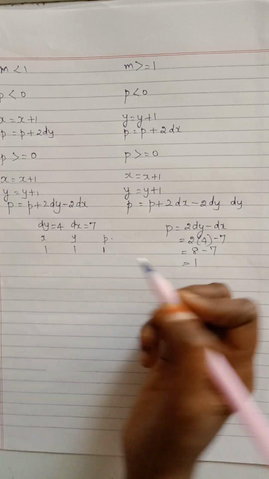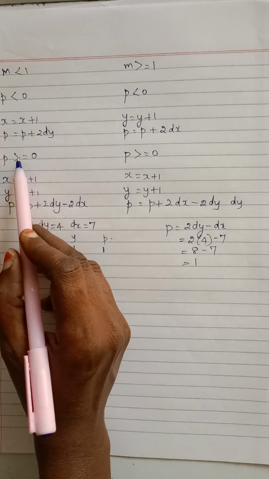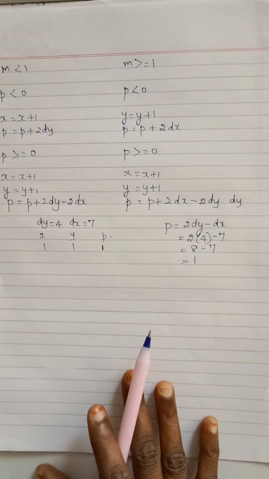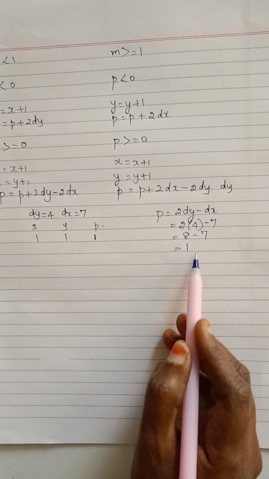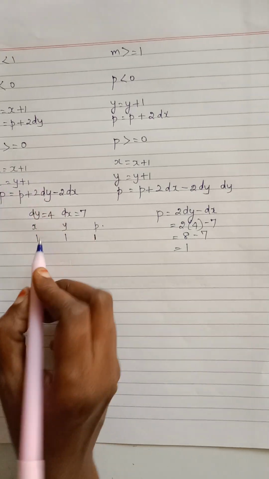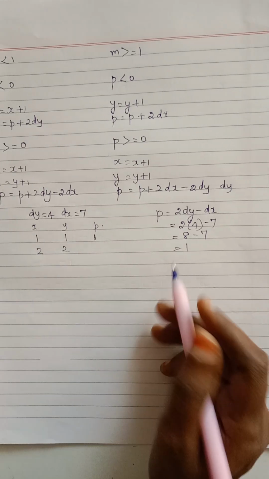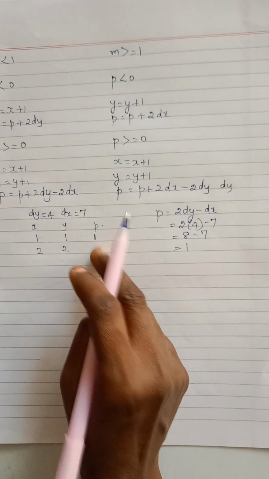So when the value of p is 1, which case will you choose? You choose the case where p is greater than or equal to 0, because the p value is 1. So it will go here: x is incremented by 1 and y is incremented by 1, and then you have to calculate the p value.